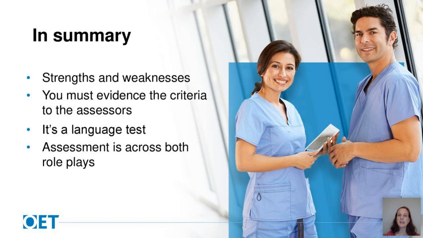And particularly with the clinical communication criteria, which are different to any other language test that you may have tried before, it is important that you don't throw away marks there. You know the sorts of things the assessors want to see, and so you can provide them in your role play.